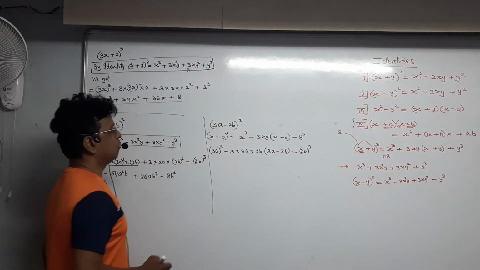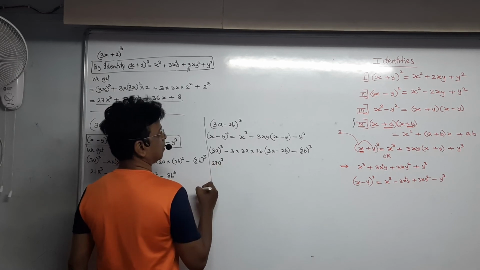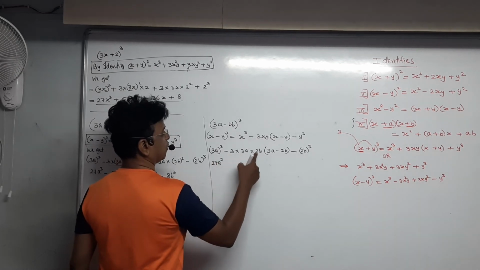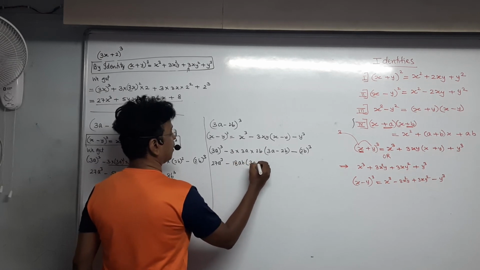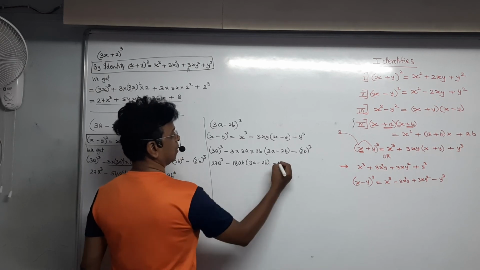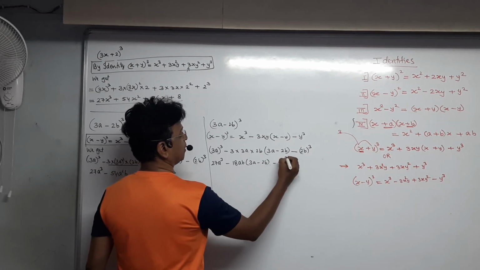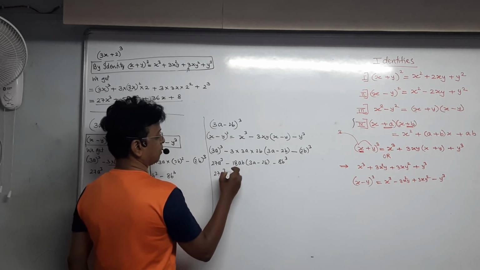Understood? Now if you solve it, 3 3s are 9, 3 9s are 27a cube. 3 3s are 9, 9 2s are 18, minus 18ab, this you can't do anything. Minus 2 2s are 4, 2 4s are 8b cube. So this will become 27a cube. Now this you'll have to open.